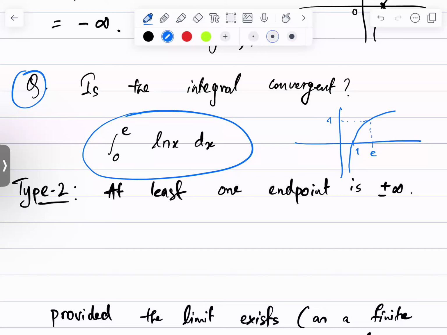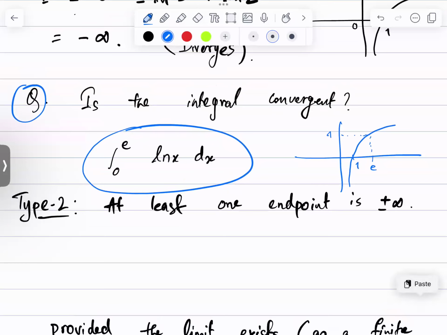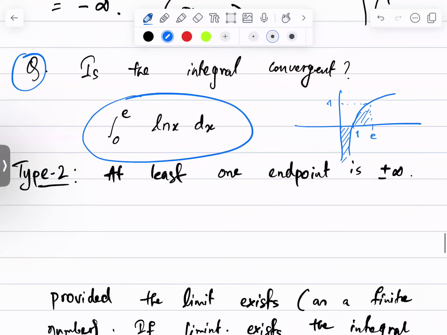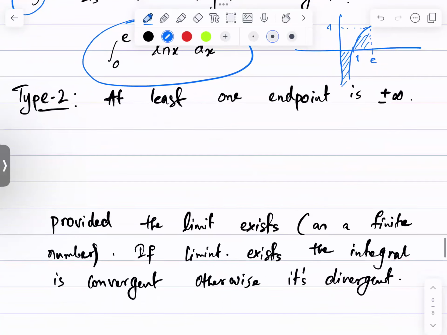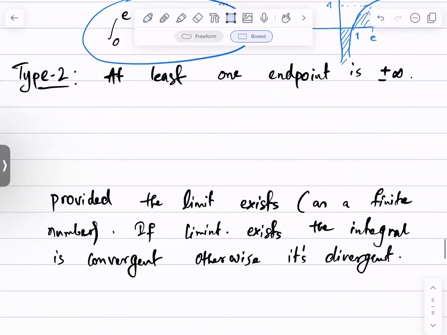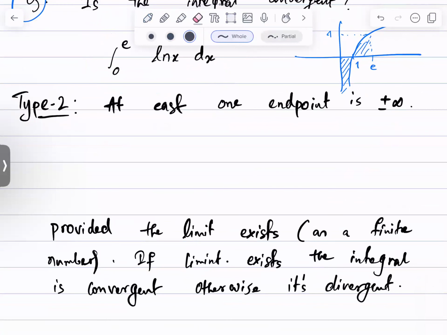This is kind of asking for the area under the curve from 0 to e. So therefore, this is asking for the area like this. Is the area a finite quantity or not? That's the question. Okay.